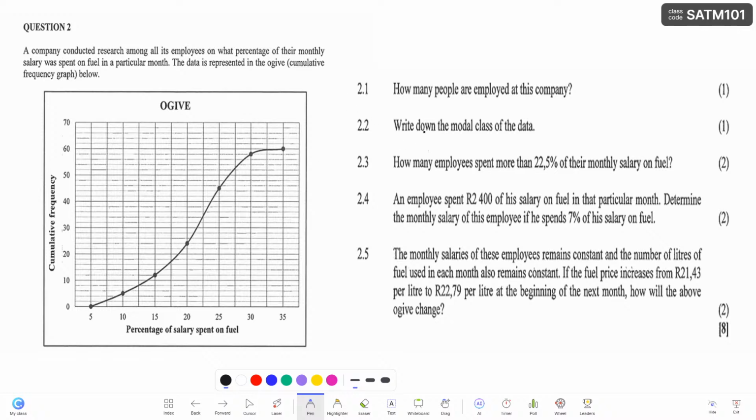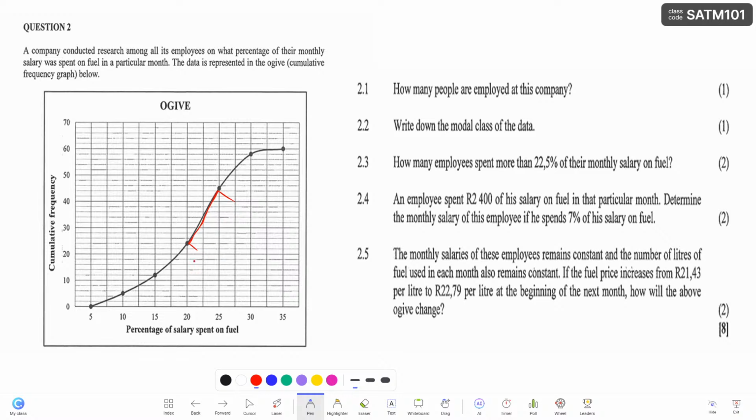Now 2.2, they said write down the modal class of the data. In order to write the modal class, you need to check the gap between the points. The gap between this one is similar to the gap between this one, but if you check this gap here, it's very wide. This one is very long. So this is our modal class of the data.